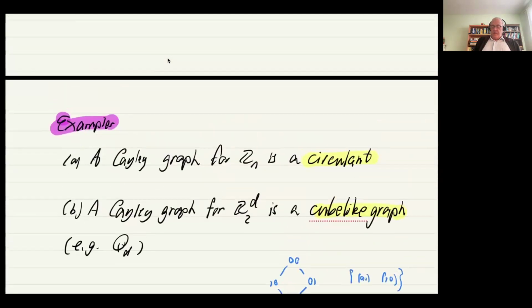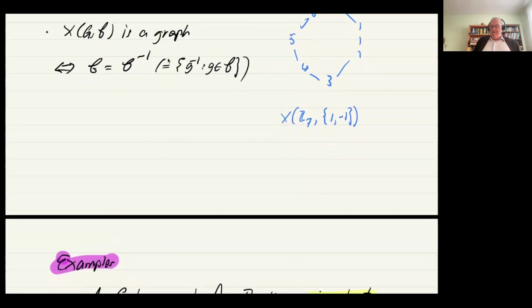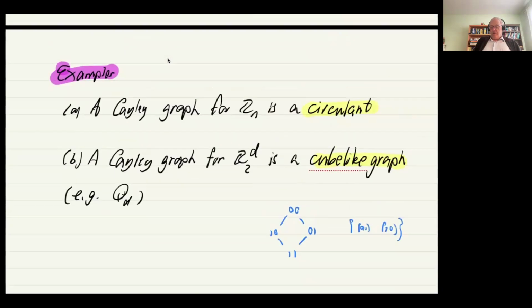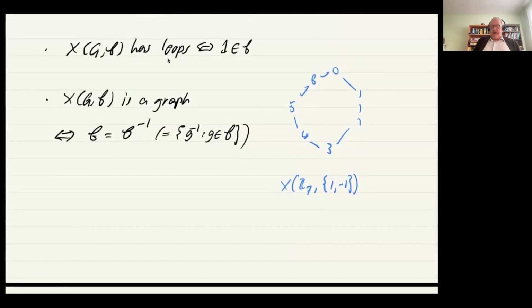Now, the groups you're used to working with are cyclic groups. You may well run across dihedral groups. You can show that an even cycle is a Cayley graph for the dihedral group.